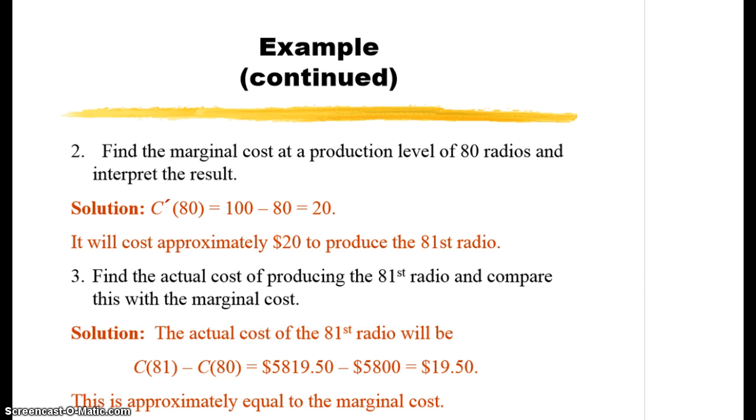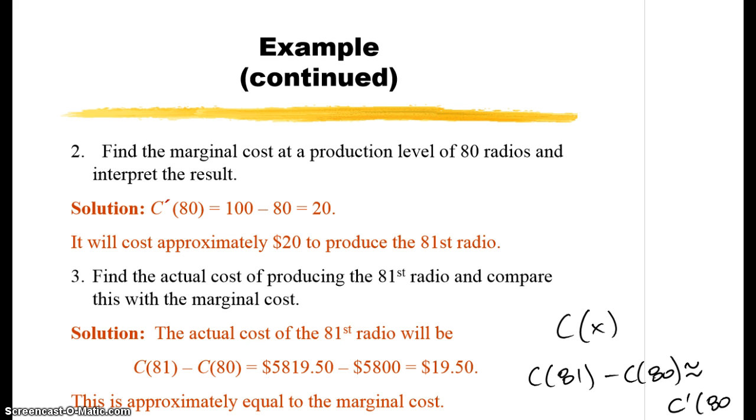Let's see the math. When you do the actual cost of the 81st radio, it will be c of 81 minus c of 80. So you have to go back into your original formula for c of x to plug in 81 and 80, respectively, and you get $19.50. So that's very close. c of 81 minus c of 80 is very close to c prime of 80, which is the derivative at 80, which was $20.